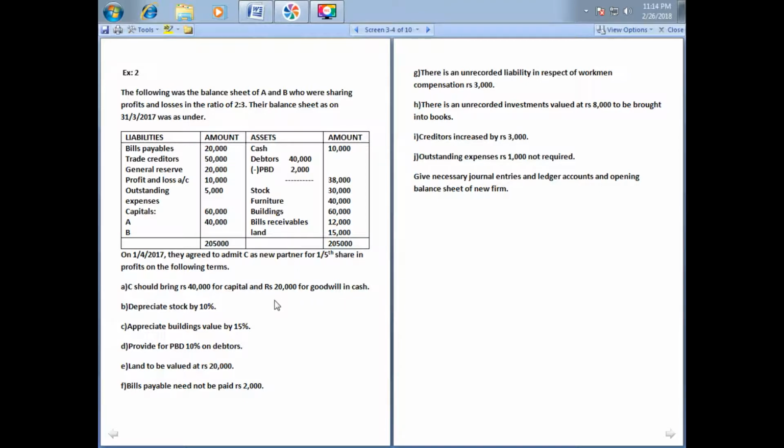In example 2, this sentence, goodwill is to be paid privately, is not given. C should bring 40,000 for capital and 20,000 for goodwill in cash. Only this is given. In that case, how to treat the goodwill in the books, that we are going to learn.